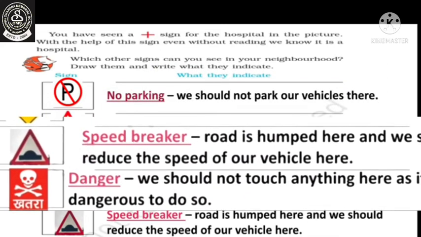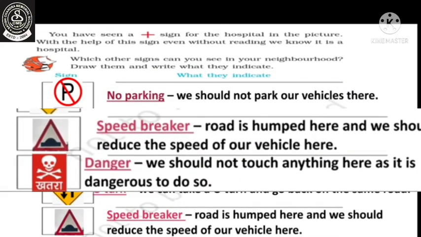Now you can see the next one, that is danger. We should not touch anything when you can see this kind of a sign given beside a thing or an object. It tells us that it is not safe to touch the object here. It is very dangerous. So we must not touch anything where we can see this sign.